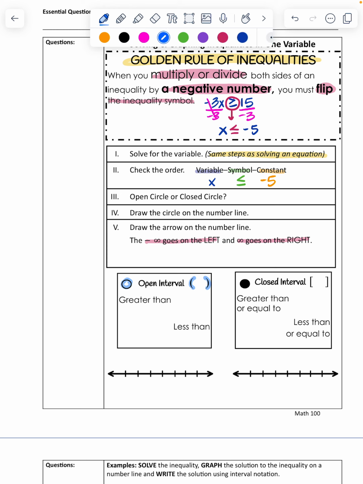This is going to be used for the greater than symbol and the less than symbol. These were on your notes yesterday. For a closed interval, this is going to be a filled in circle. We would use brackets, and the symbols for the inequality would be greater than or equal to and less than or equal to.